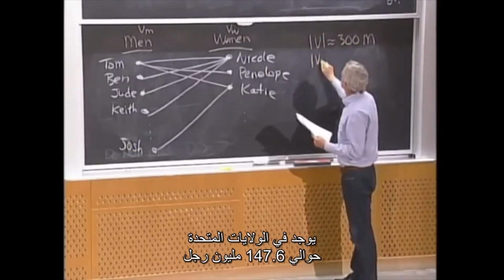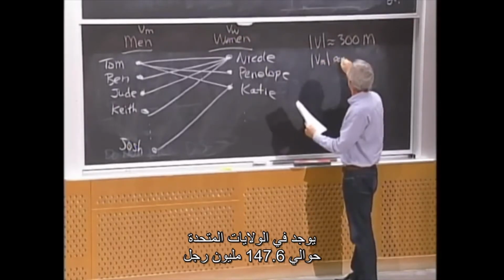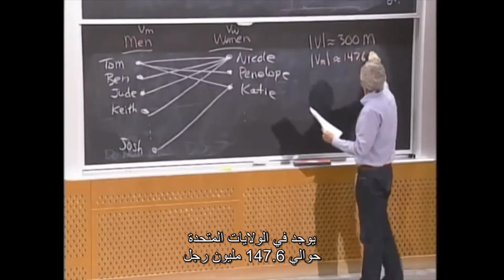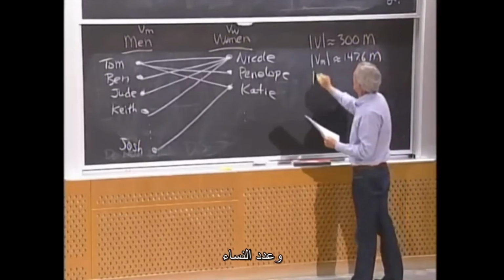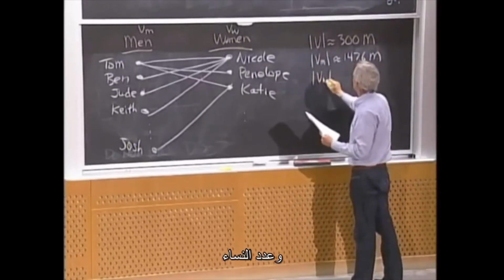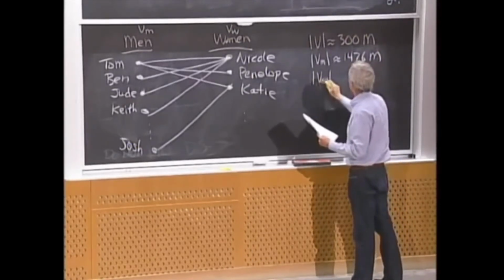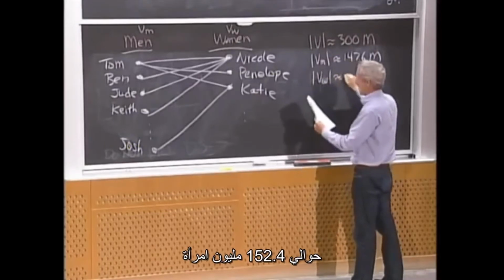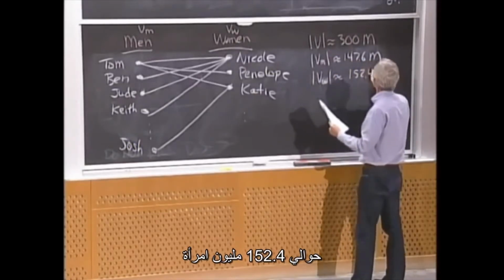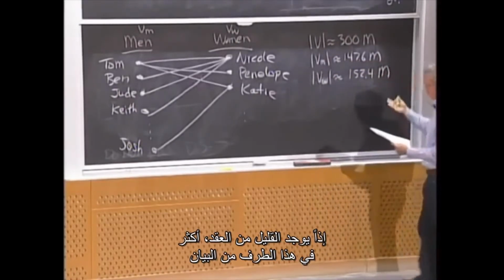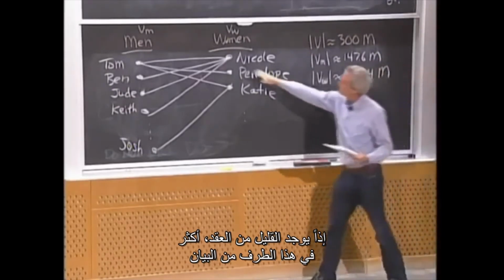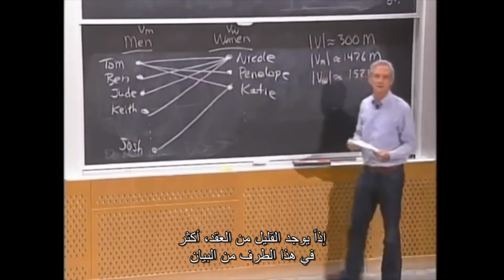In the US, there's about 147.6 million men out of the 300. And the number of women, |VW|, is about 152.4 million. So there's a little bit more nodes on this side of the graph than that side in the US.